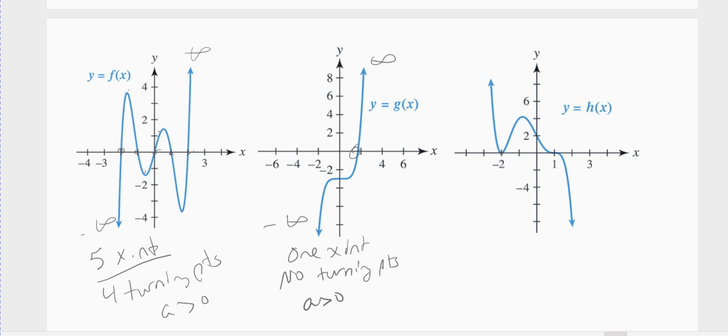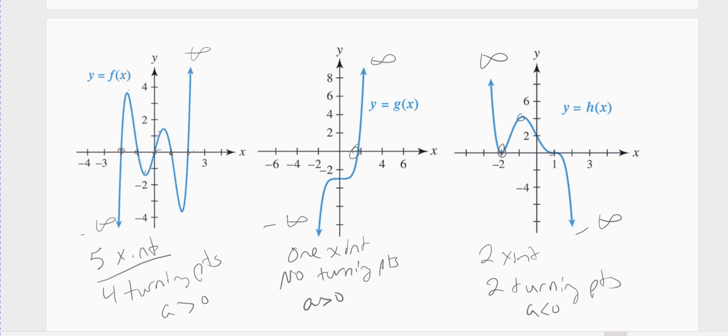All right, then the last one. 2 x-intercepts. 1 turning point, right? Oh no, 2 turning points. Let's count. 1, 2, 2 turning points. And this time it's doing the opposite behavior: positive infinity on the negative side, negative infinity on the positive side.